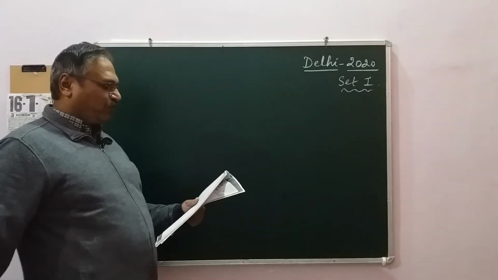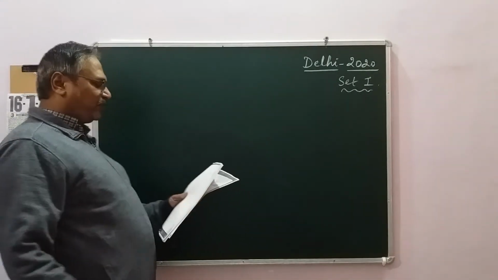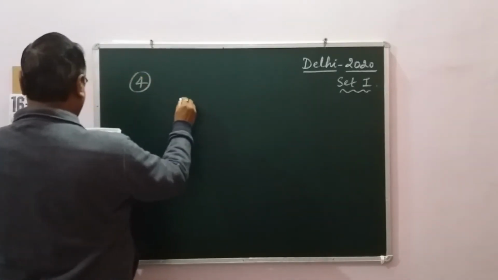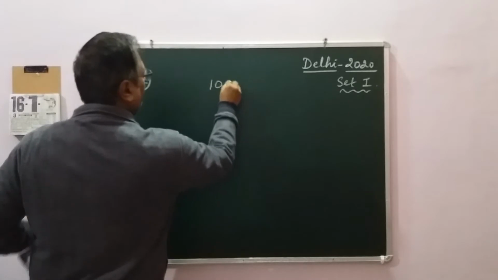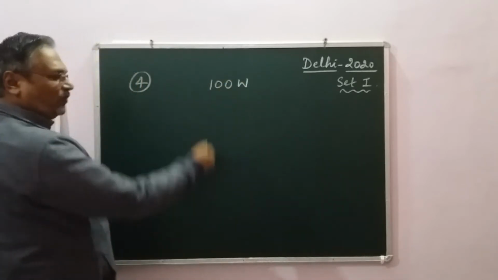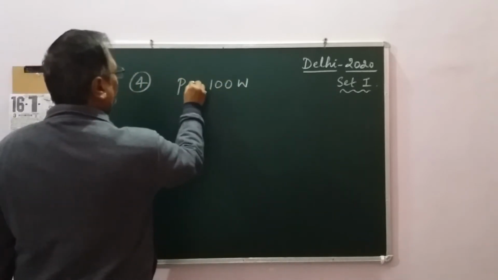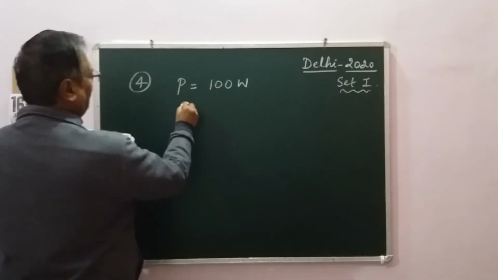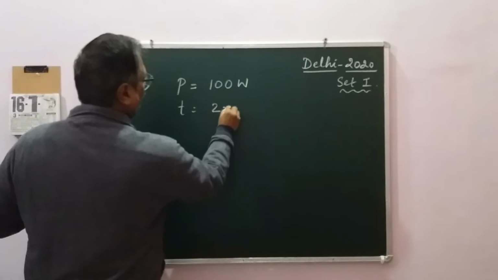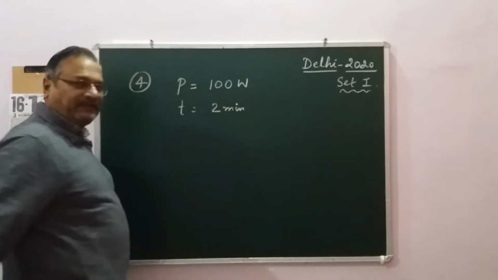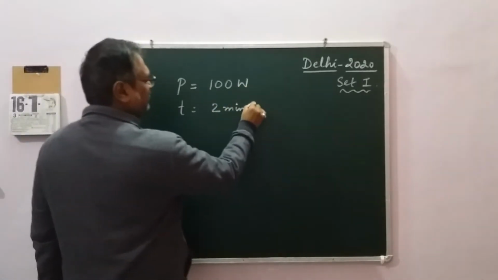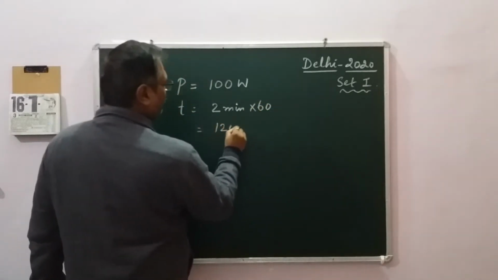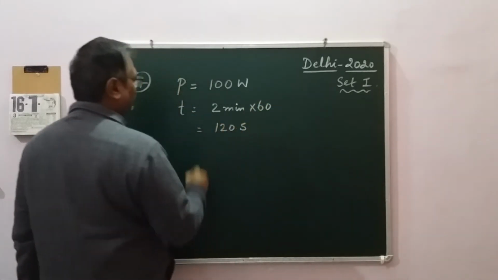Yes, the fourth one. Heat produced by a heater, a 100 watts heater. What is watts? Power. Power is equal to 100 watts and time is equal to 2 minutes. Convert minutes into seconds. Multiply by 60. That is 120 seconds.